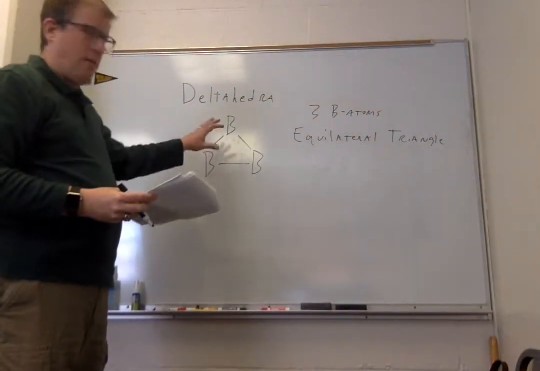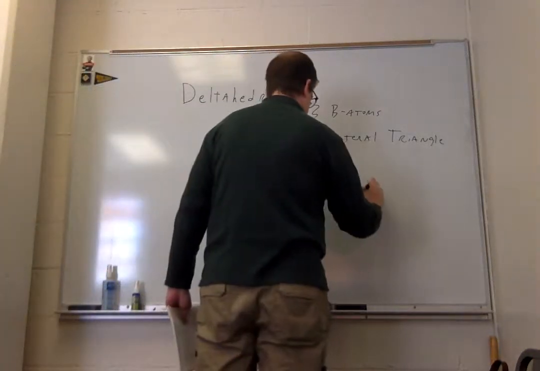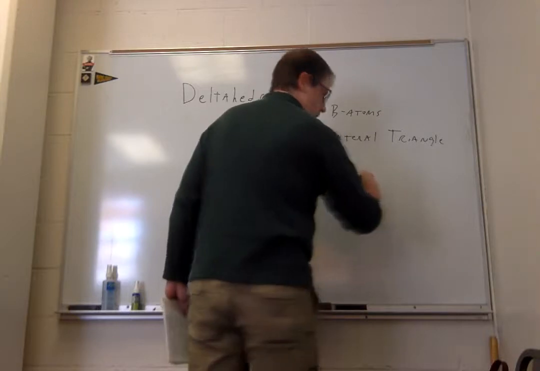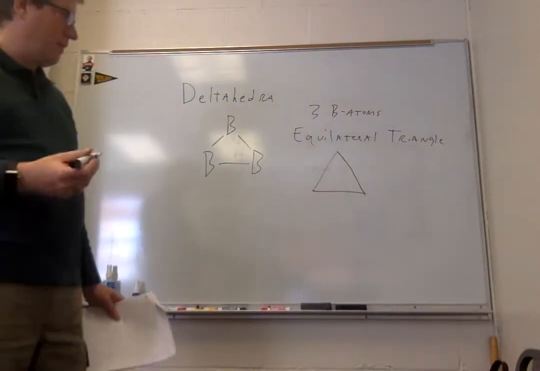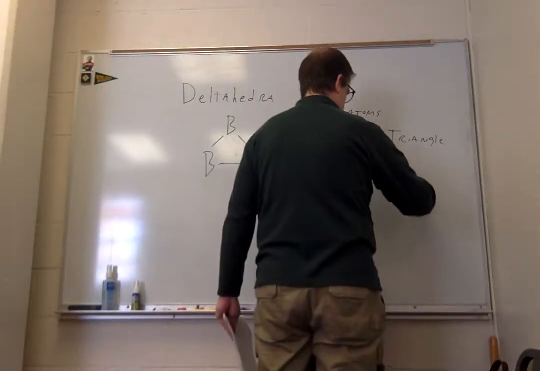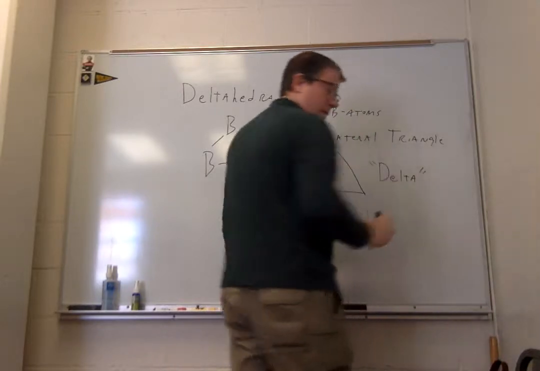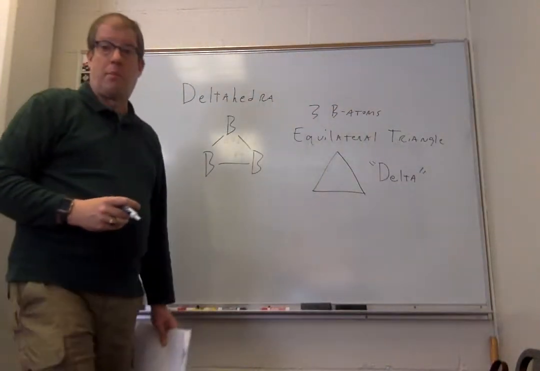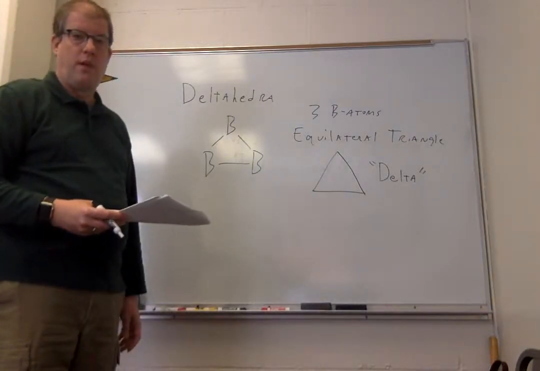If you take the borons out and draw an equilateral triangle, what you see is that, and that looks like the Greek uppercase letter delta. That's the origin of the term for these things.